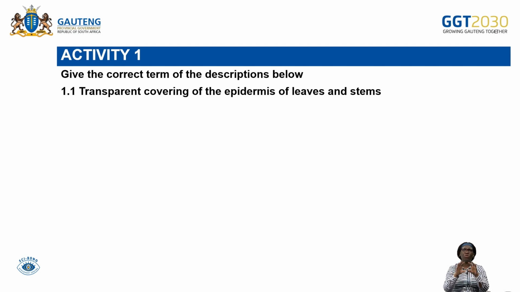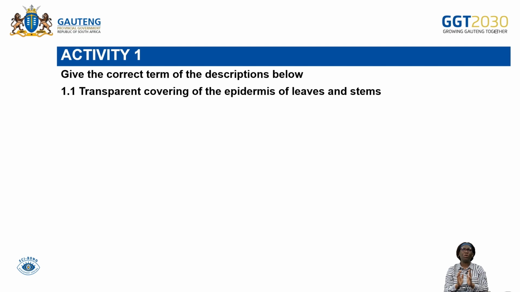Are you able to answer questions? Because remember, we cannot just teach without assessing. We want to see whether our learners understand. We want to see if learners do have knowledge of the topics. They do understand what is actually taking place within the leaves. What are those parts? What functions do they perform?